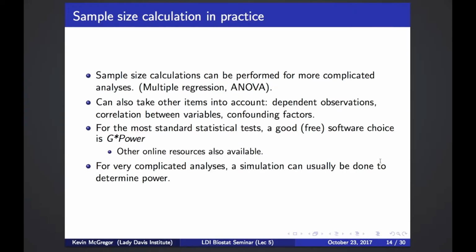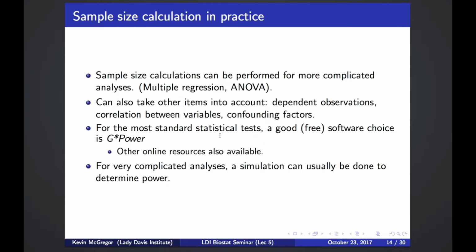We can have correlations between different variables in our study, and we can also have confounding factors, so factors that affect the relationship between variables and make an apparent relationship appear even though there isn't a true relationship.